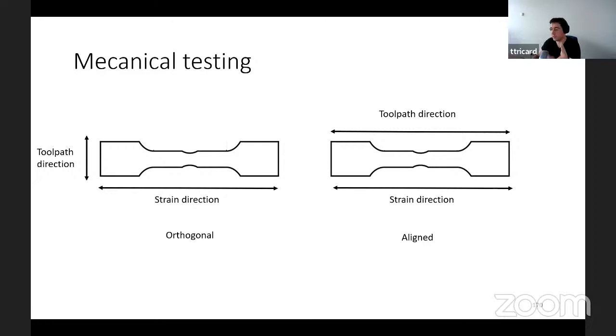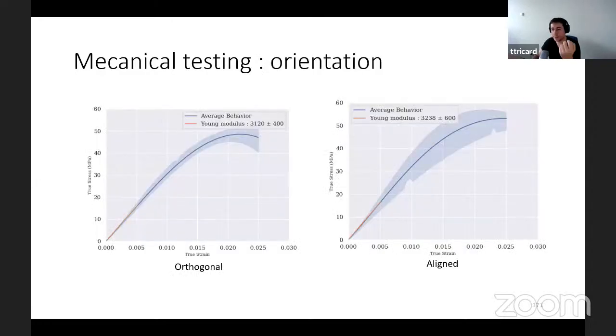We had two tests, orthogonal and aligned. What came out of this test is that for PLA and for the conditions we tested, aligning the fibers of PLA with the strain direction was important, as it raised the Young modulus and increased the elasticity length of the specimen.